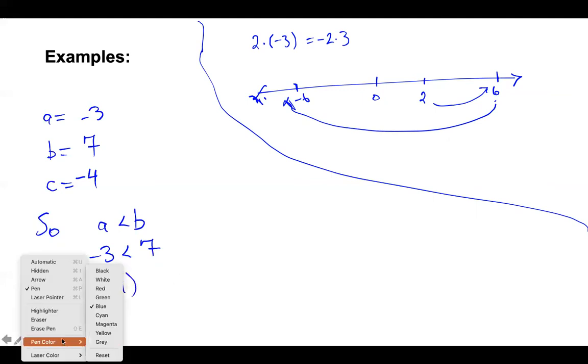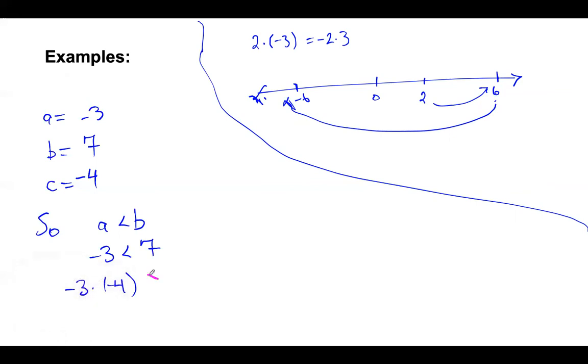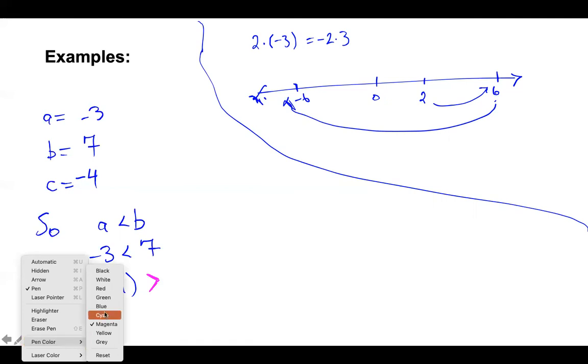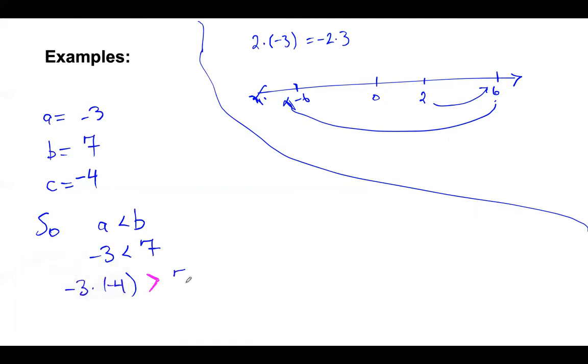I'll just put it in another color. So it gets flipped. And then we have 7 times -4. The first is equal to 12 and this is equal to -28. So we see that 12 is larger than -28, so it makes sense.